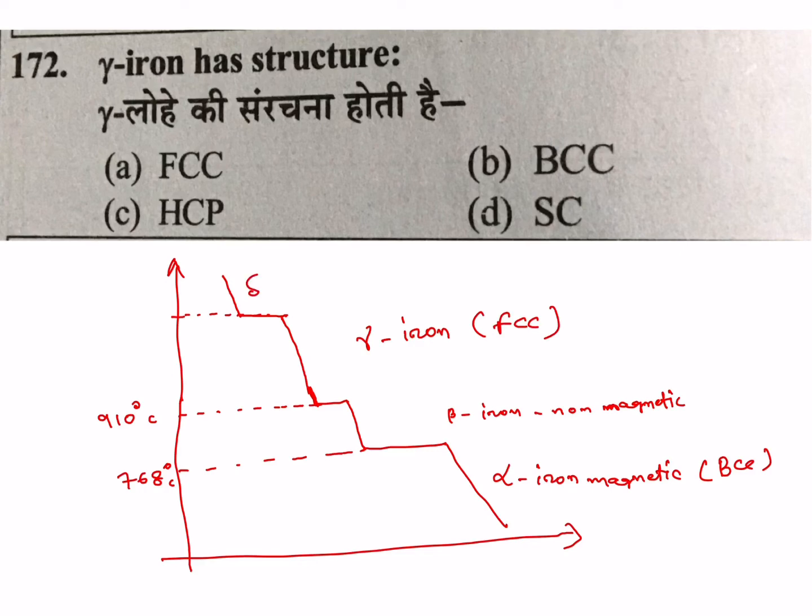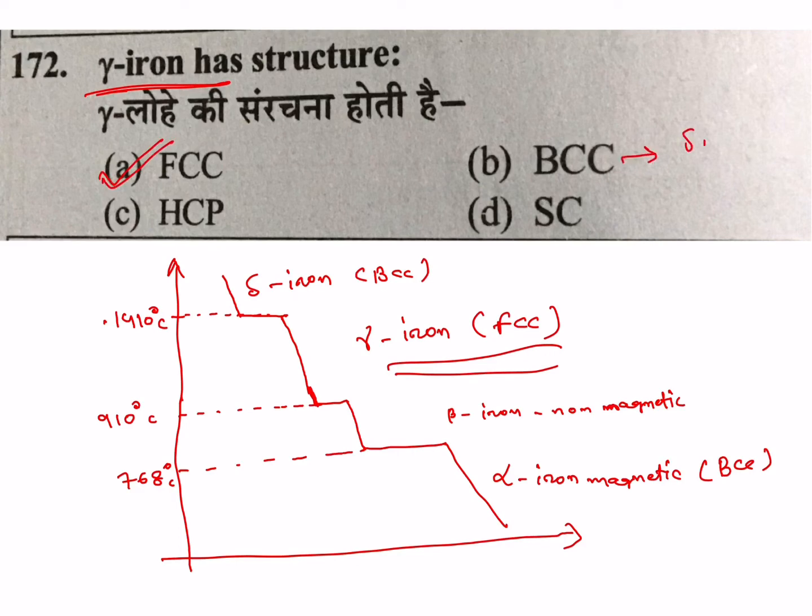Then at 1410 degrees Celsius, you will get again BCC structure. So gamma iron is FCC structure. A is your correct answer. And BCC structure is your delta iron and your alpha iron.